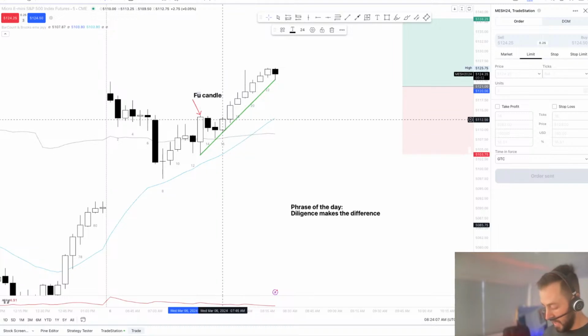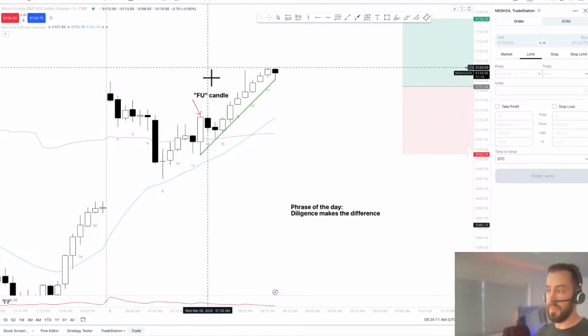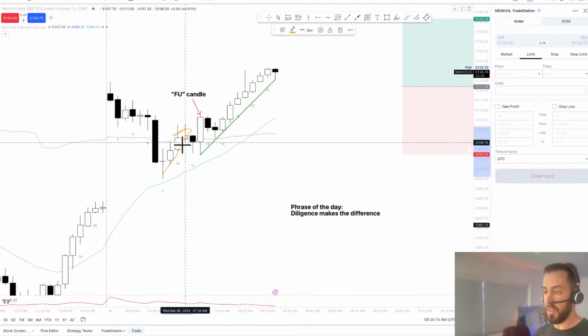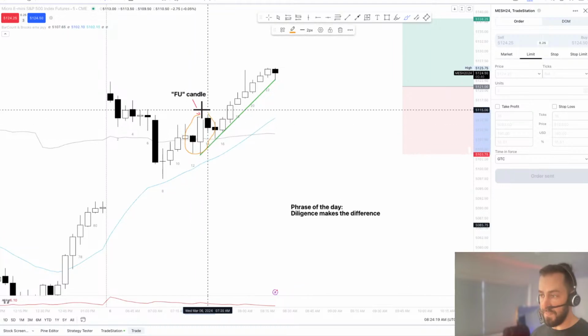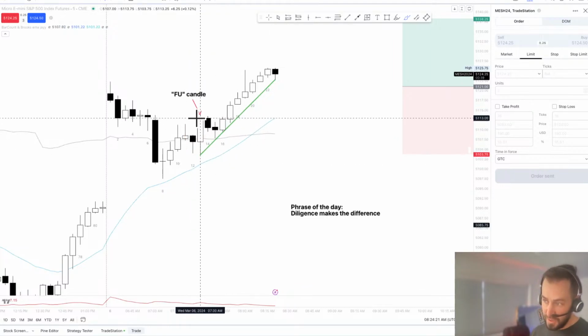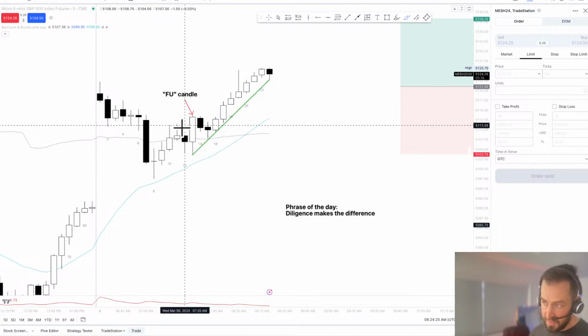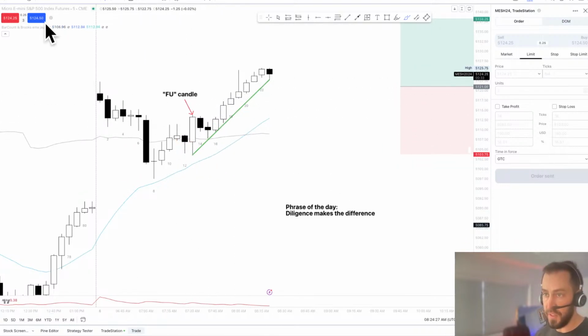Why is that? Because the bulls got to move up. The bears were like, nope, we're stopping you. And the bulls were like, fuck you, bears. Right? Do you see how much bigger this guy is? Do you see how much bigger 13 is from 12? Okay, so that's an FU candle.